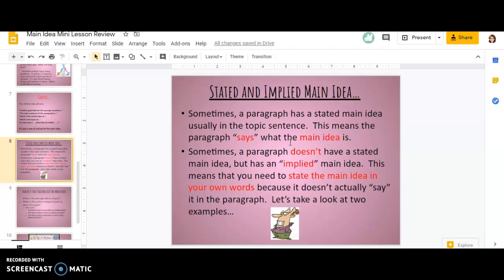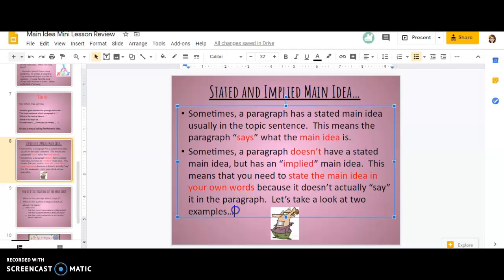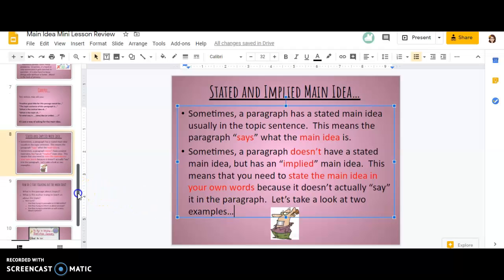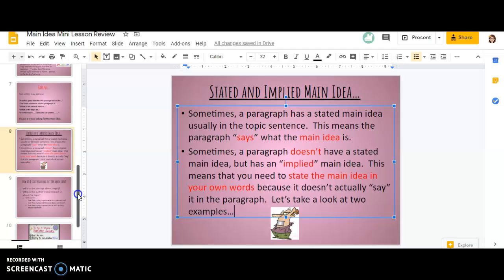That is a stated and clear main idea. More often than not, paragraphs don't have that. They have an implied main idea where you have to figure it out. And we're going to be looking at 2 examples this week, and then we'll be doing another example next week. Okay.